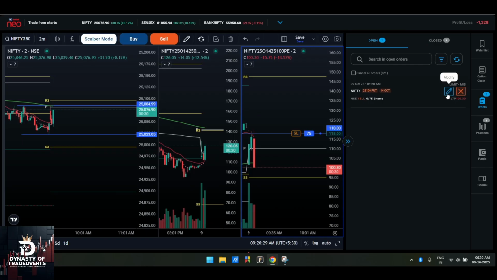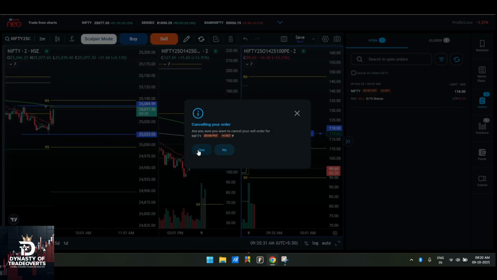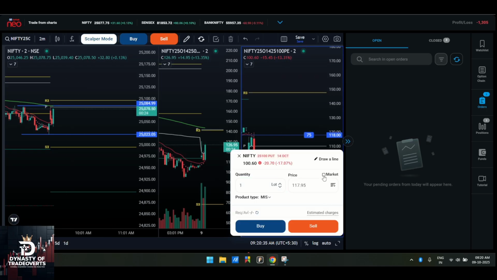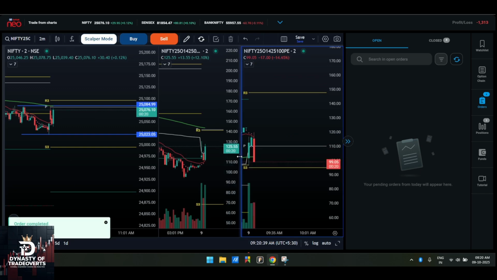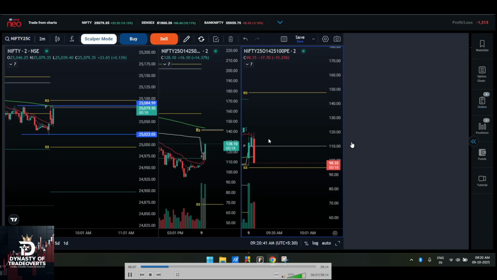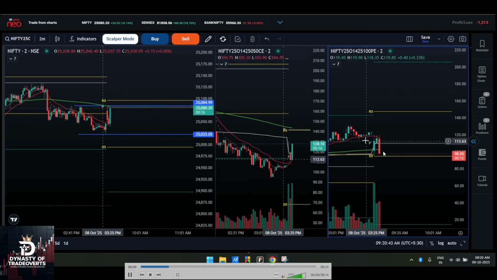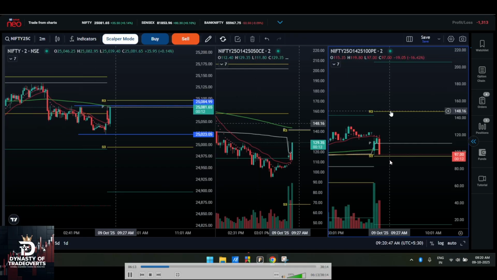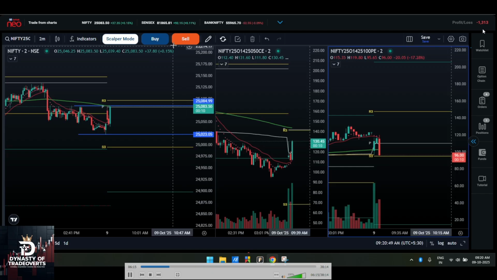I'm trying to cancel the open order here. The price was set to limit, so I was not able to exit, and currently I set it to market and exited. But by that time, my entry was around 118 and I was able to exit only at 100. So that is an 18 point stop loss, which is already like 1300 rupees.